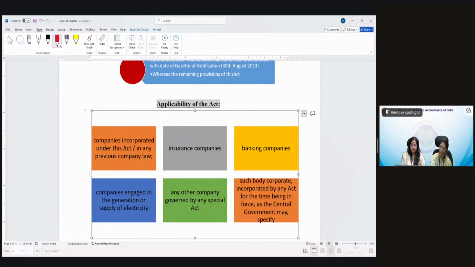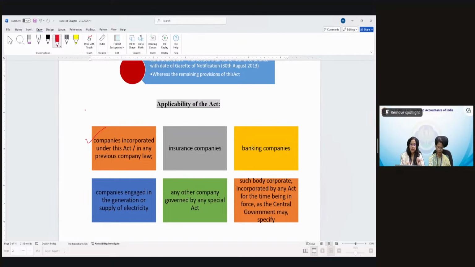First thing you would be seeing are the companies incorporated under this act or in any previous company law. So the Companies Act 2013, and like we gave you a brief background, the 1956 Act, 1913, 1882 or 1866. This means the companies that are incorporated under the Companies Act 2013, or if they were incorporated and registered under any other previous law that we have just told.